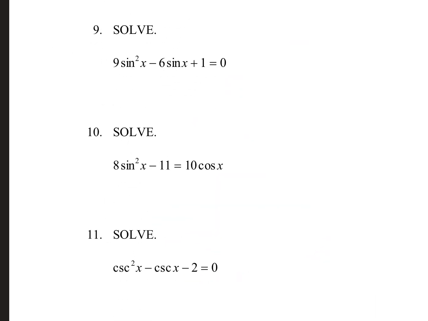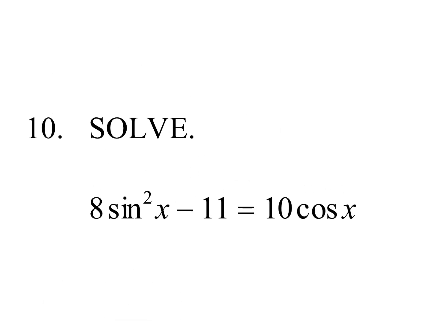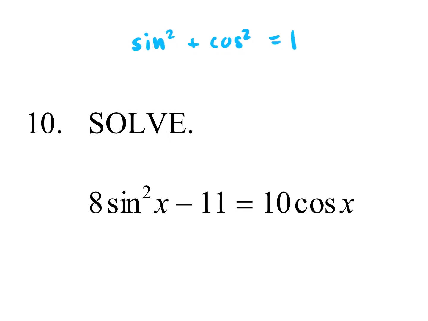10 is a good one. Let's look at 10. Now we are solving. I have a term that's squared and another one that's not. So how do you think I need to solve this? Okay, so I'm going to change it. Perfect. So my trig function sine squared plus cosine squared is equal to 1. This will be given to you too, your trig identities.